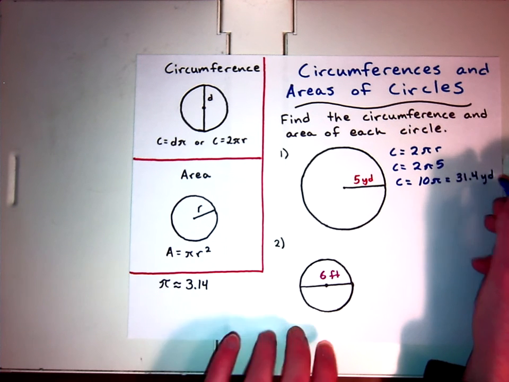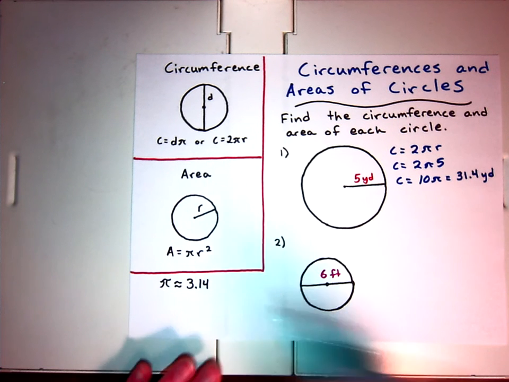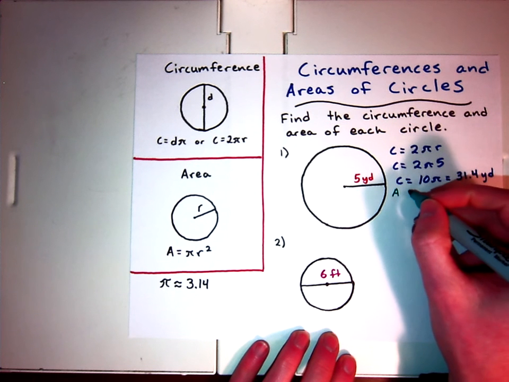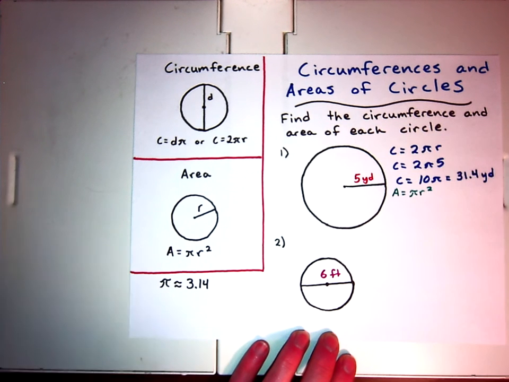Something to note is that when we find circumference, it's a distance around a circle. We're not finding an area, so we just leave it as yards. So 31.4 yards is the circumference of that circle. For number 1, part 2, I'm looking for the area. I have to use this formula, pi r squared. The radius is 5.